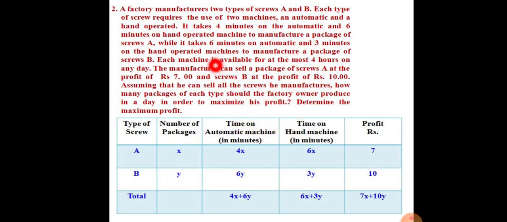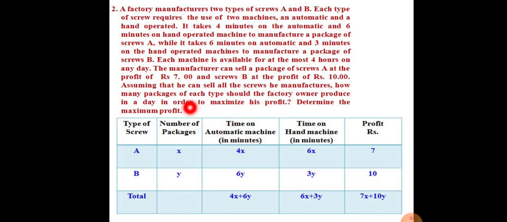Similarly, screw B takes 6 minutes on automatic and 3 minutes on the hand operated machine. See here, 6Y and 3Y. 6Y is the automatic machine and 3Y is the hand operated machine.